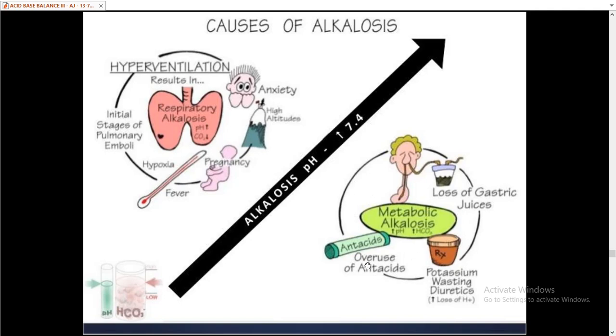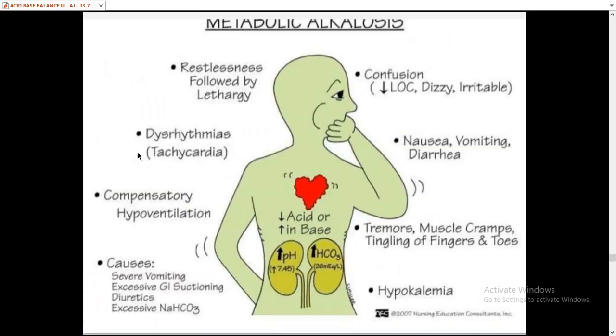These all can lead to metabolic alkalosis. In case of respiratory alkalosis, the pH rises, then PCO2 will fall. And this could be seen in conditions when a person starts hyperventilating due to anxiety, or a person is going to high altitudes, or when there is pregnancy or high grade fever, or in the initial stages of pulmonary embolism.